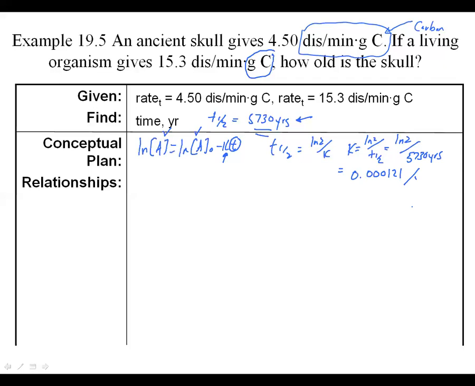Again, the units here are going to be reciprocal years, 1 over years, which is our first order, right? Now we have two numbers here. We have 4.5 disintegrations per minute per gram of carbon and 15.3 disintegrations per minute per gram of carbon. Which one's which? An ancient skull and a living guy. Living is new, so that's your initial.